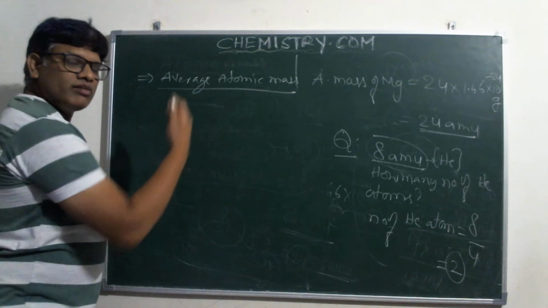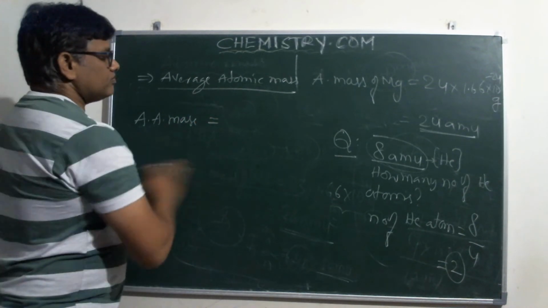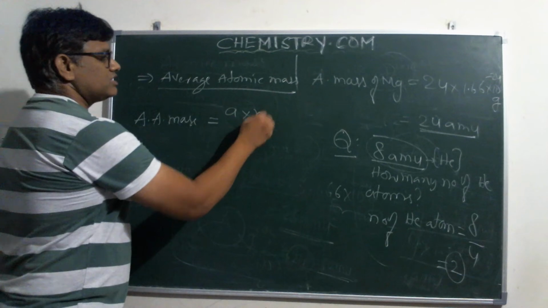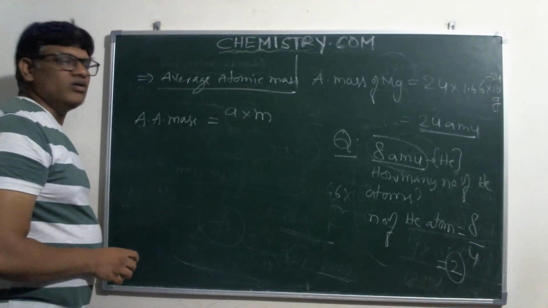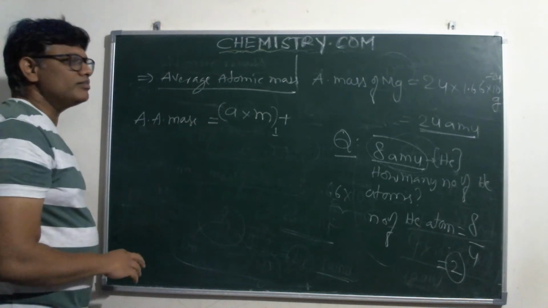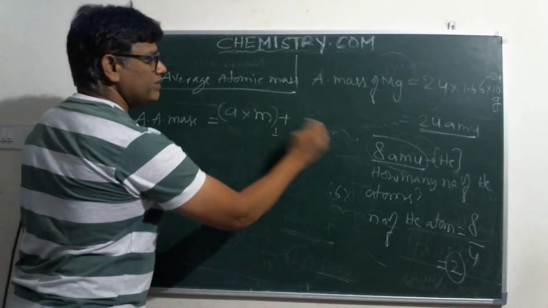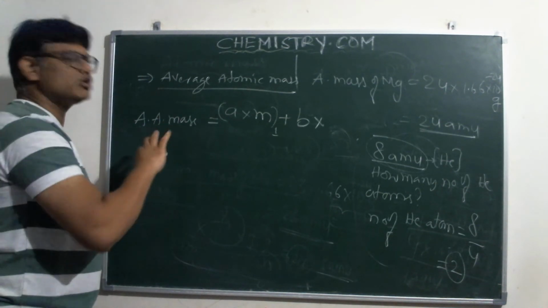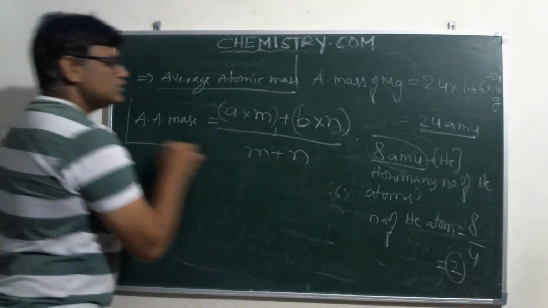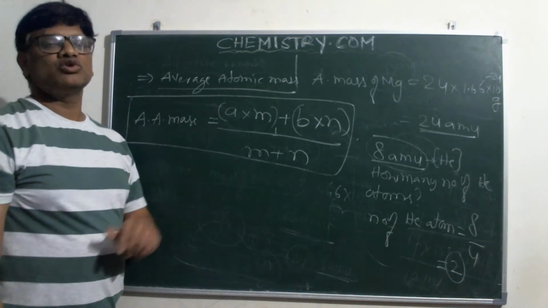So the average atomic mass of any element is equal to the atomic mass of one particular isotope, say A, into its abundance ratio, M divided by M plus N, plus the atomic mass of another isotopic form of the same element, B, into its percentage abundance ratio, N divided by M plus N. Using this formula, you can calculate the average atomic mass for an element existing in isotopic forms in nature.